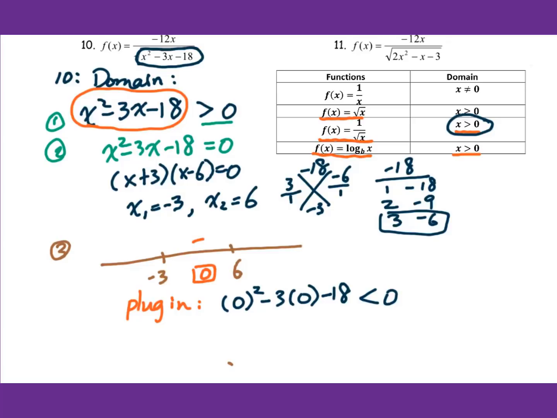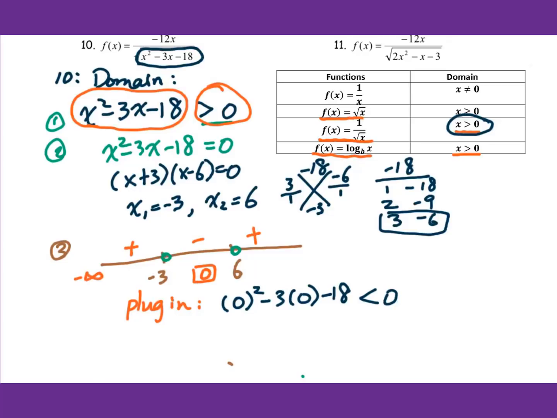Since this is a quadratic function, you have two roots. Neighbor intervals must be opposite to each other. So this is positive, this is positive. No equal sign, this is an open circle. We're looking for greater than 0. That means the positive interval will be the solution.